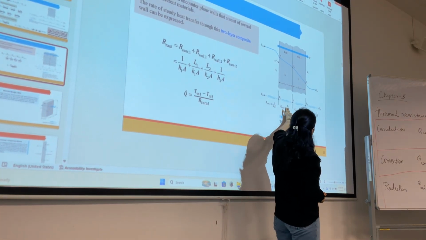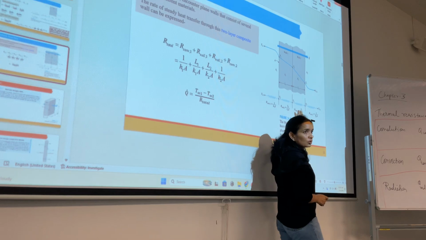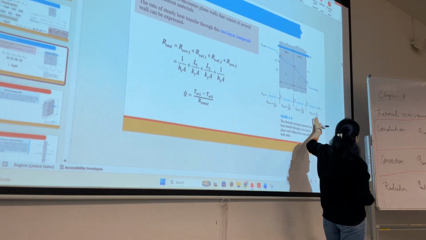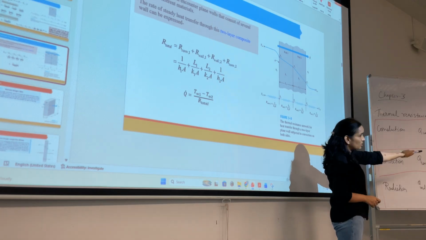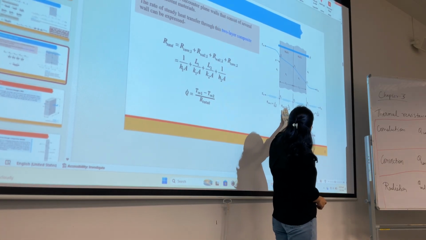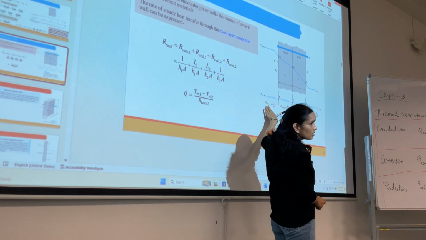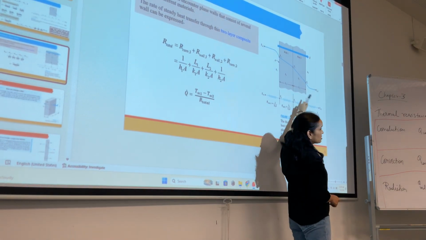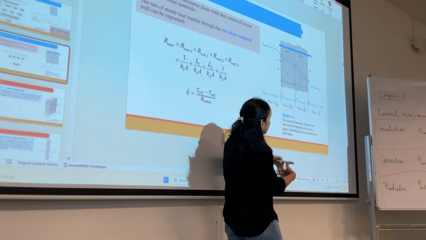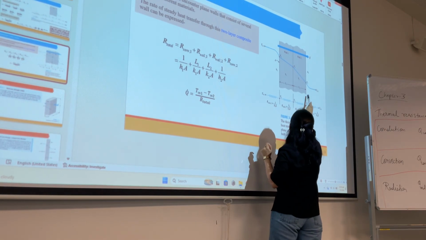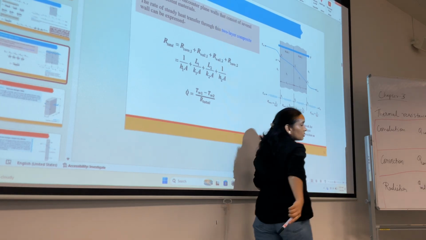This is conduction 1, this is conduction 2, and this is convection again, outside. Convection is 1 divided by hA. Conductions are L divided by kA, L divided by kA. And this is again convection. So in this chapter you will have layers, and I will be asking you to calculate heat transfer either from here to here to here, or from here to here.